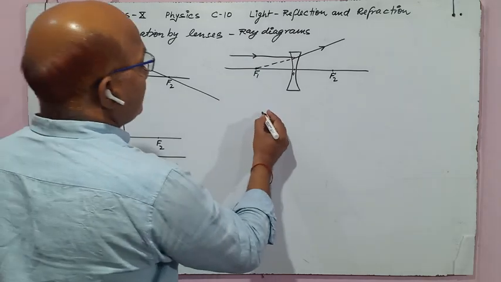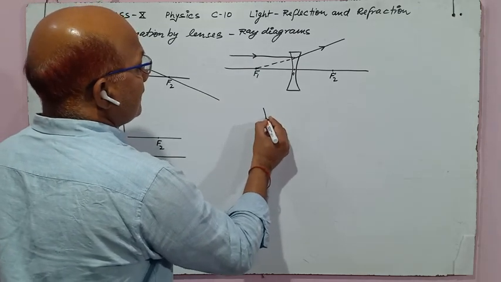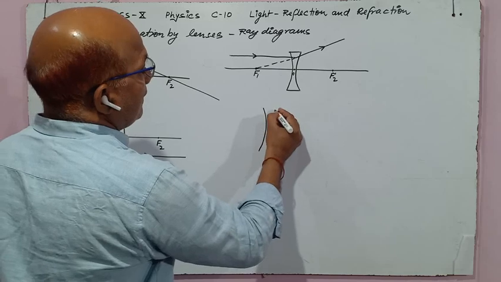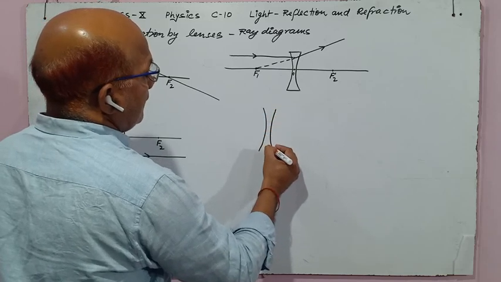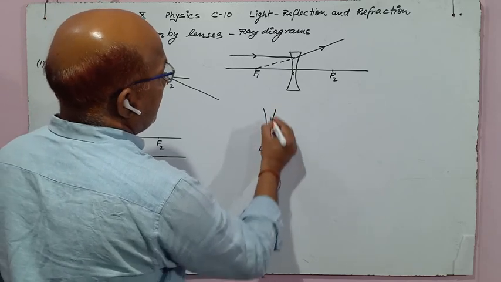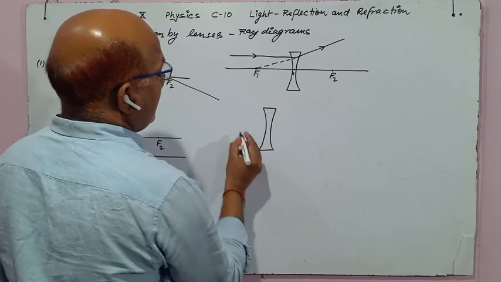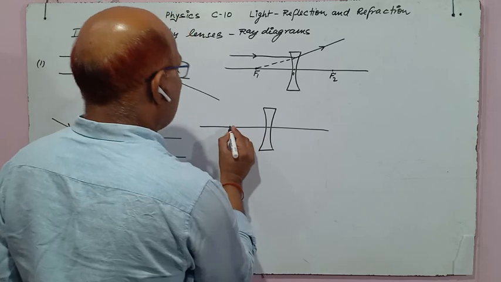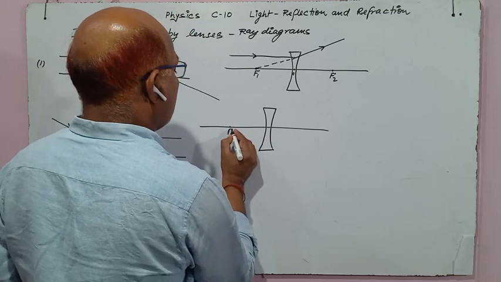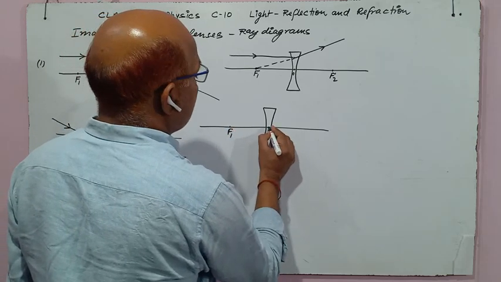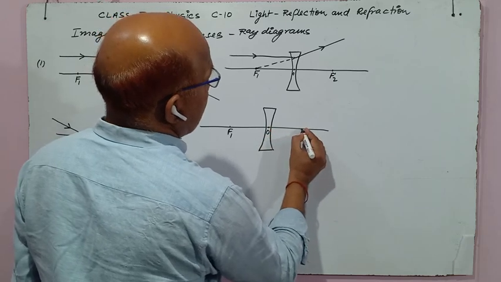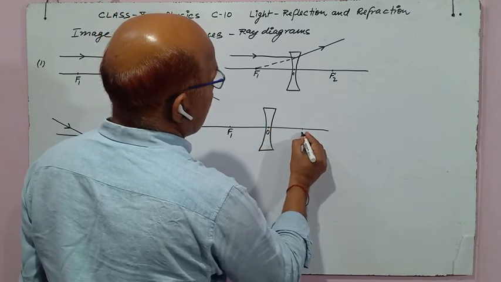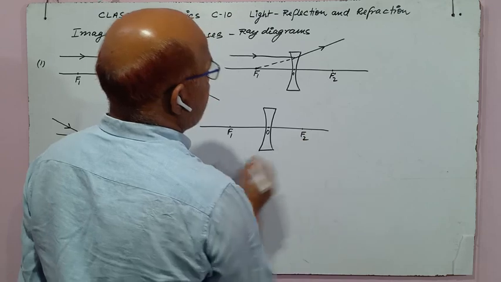In case of concave lens, this is principal focus, this is optical center, this is also principal focus.